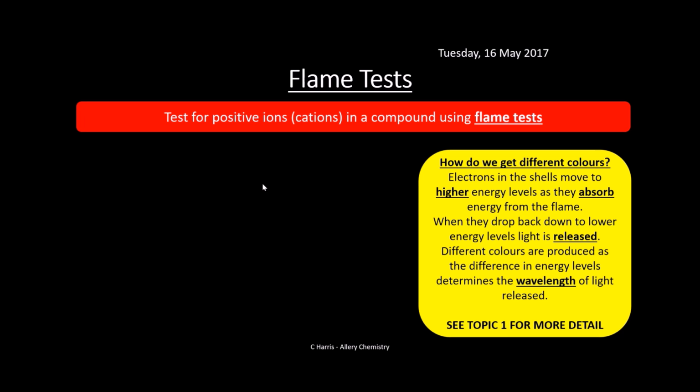The electrons in the shells move to higher energy levels as they absorb energy from the flame. When they drop back down to lower energy levels, light is released. Different colours are produced as the difference in energy levels determines the wavelength of light released. So we're looking at the electrons jumping back down, giving off this bit of colour.